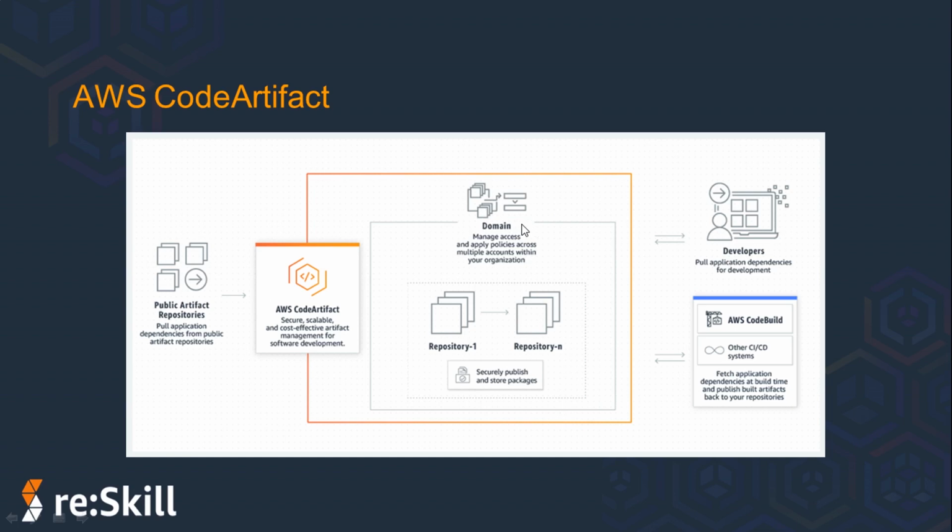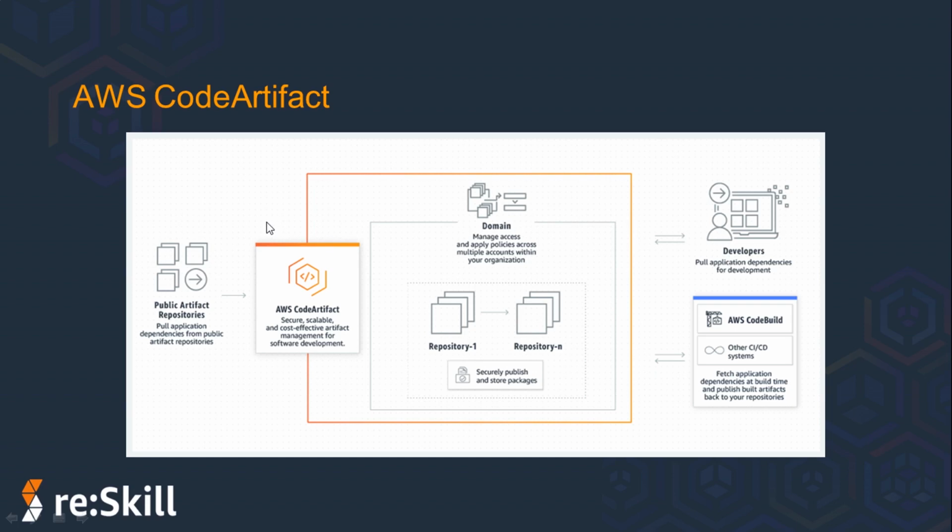That's another point. A repository can be owned by the same AWS account that owns the domain, or a different AWS account. If the owning accounts are different, the repository owning account must be granted the create repository permission on the domain resource. You can do this by adding a resource policy to the domain, which can be done through a command, the put domain permission policy command.